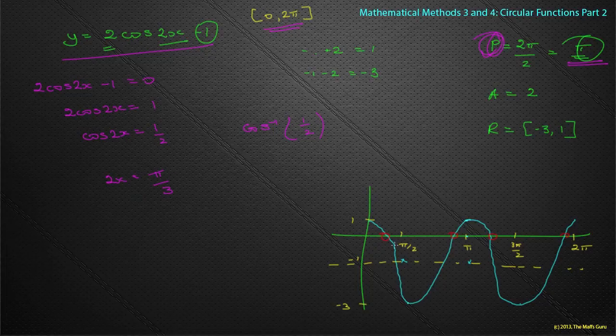Looking at my graph here, I find that actually I need 4 values. Why 4 values? Well, it goes back to this idea here of my dilation. A standard cosine curve between 0 and 2 pi will give me just 2 solutions.